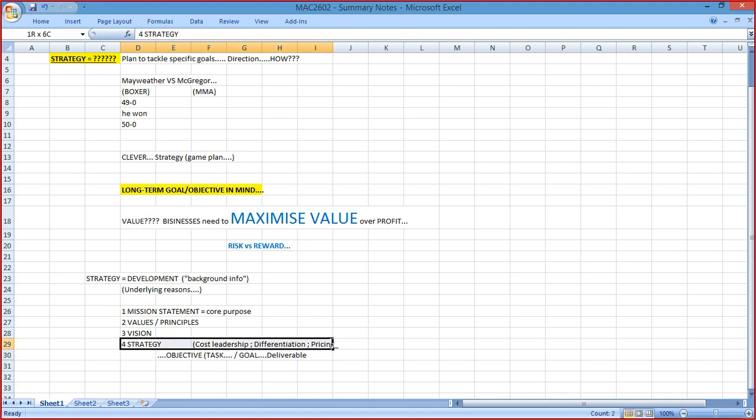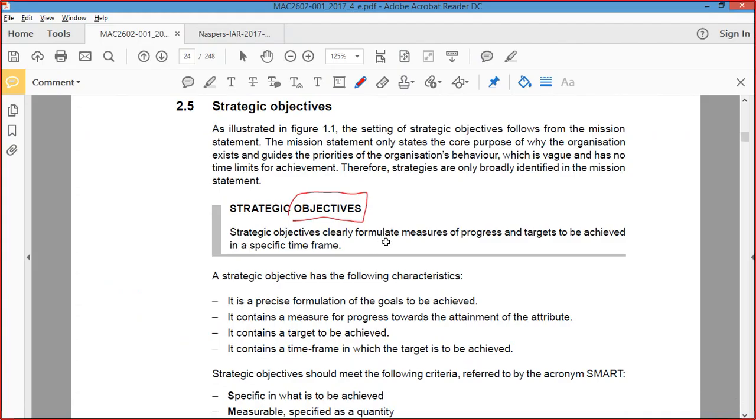Right, so strategy, yes, we need to have that in mind in terms of cost leadership, pricing, differentiation, but at the same time, we need to clearly define the objectives. And that's what they're looking at here. What are the strategic objectives? So, for example, in your case, if I'm thinking about photography, you might want to try secure a specific client that might give you opportunities to open more doors.